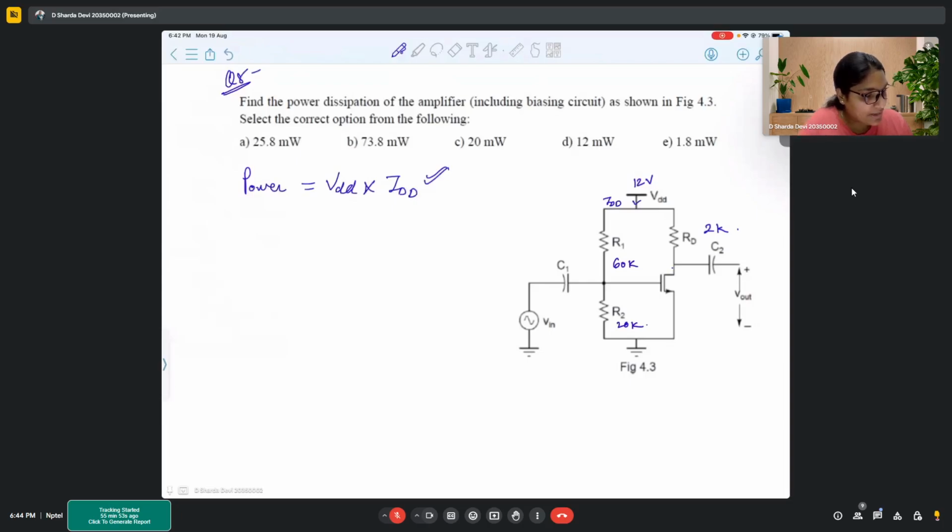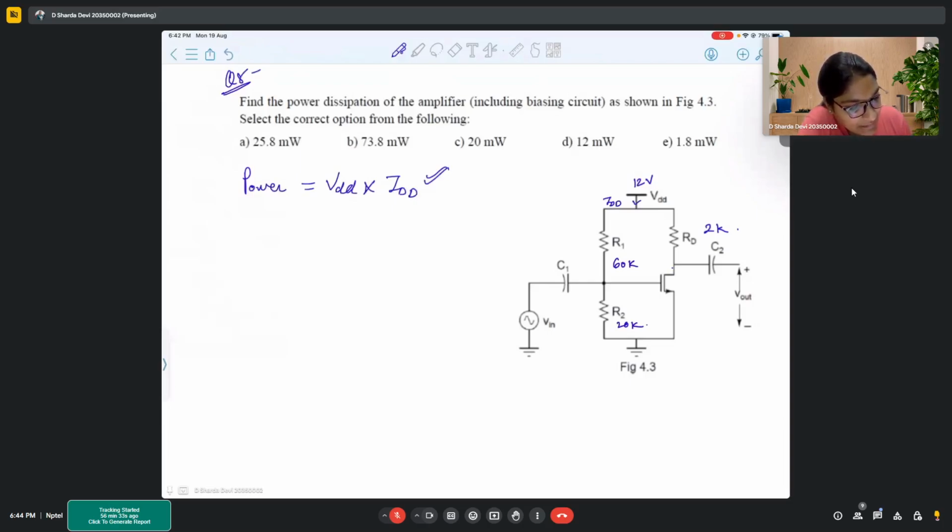Here we need to find the VGS from the divider, so this will be 12 into 20 by 20 plus 60, that is 3 minus 1, whole square. So ID is 2 milliamperes.